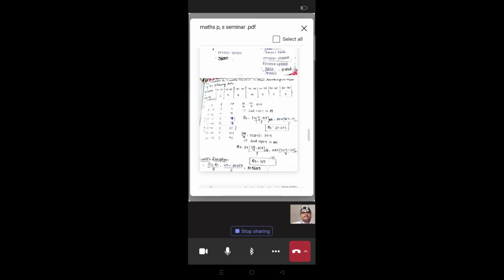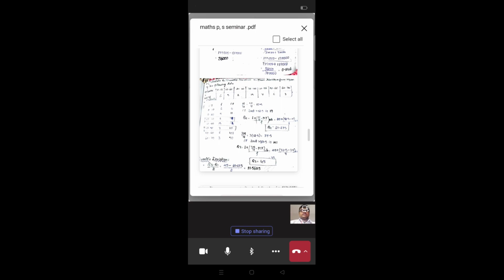So let's see an example of the quartile deviation. Here we are given data of the marks and the number of students. We also know how to find Q1 and Q3. We first find the cumulative frequency of the given frequencies, and then apply CF and frequency in the formula Q1 equals L plus N by 4 minus CF by F into H, where H is the width of the class.